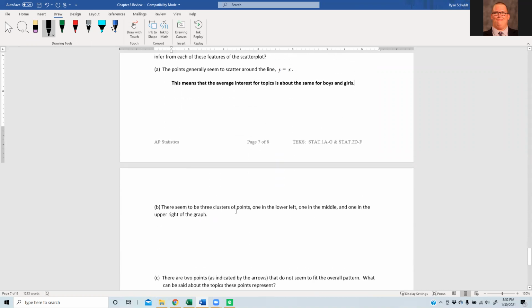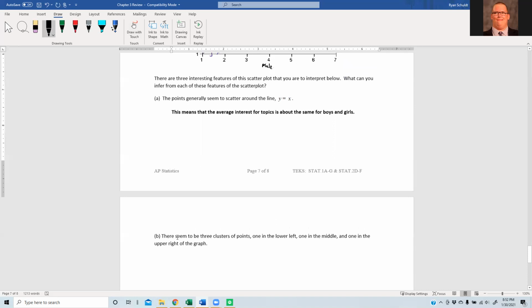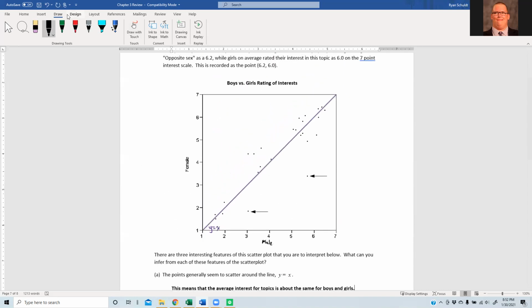B, there seem to be three clusters of points, one in the lower left, one in the middle, and one in the upper right of the graph. Okay, so let's focus on those clusters for a second. Let's see what those tell us. So here's one cluster. Here's two clusters. Here's three clusters.